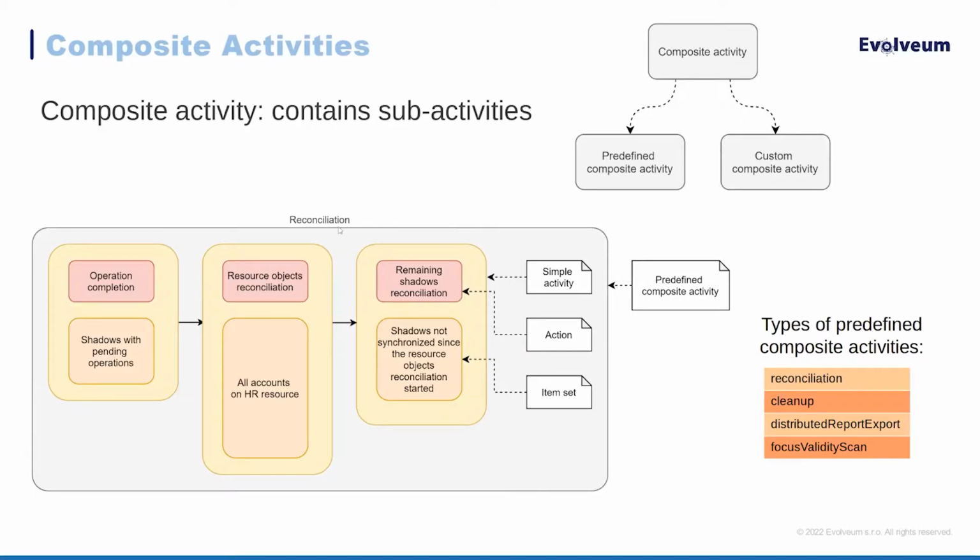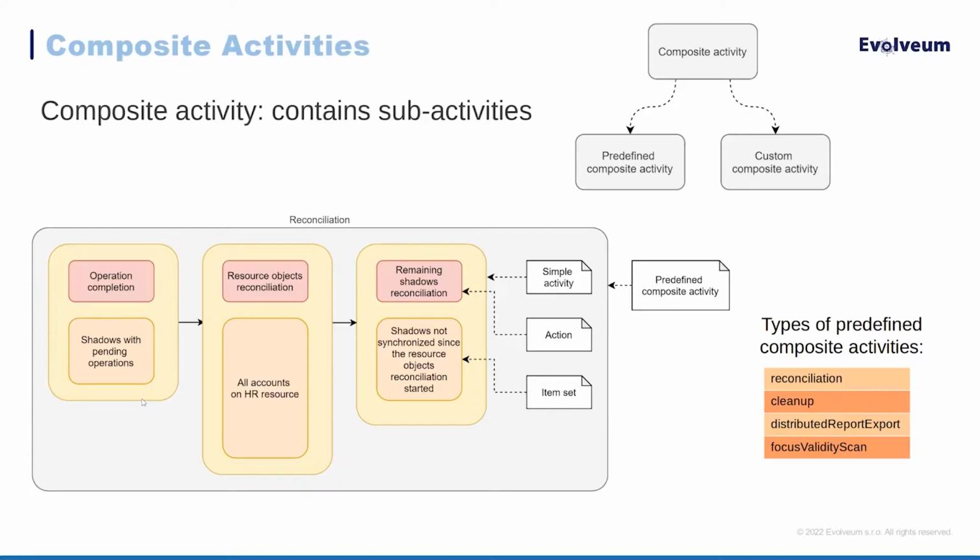The most well-known is perhaps reconciliation, which involves first completion of unfinished operations, then taking resource objects and synchronizing them into MidPoint, and finally going through shadows that were not touched in the previous sub-activity and somehow dealing with them. And these three sub-activities are bundled together and called a reconciliation.